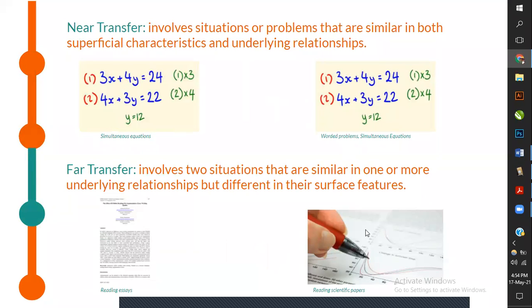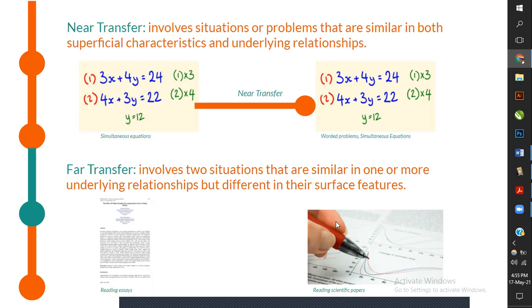Near transfer involves situations or problems that are similar in both superficial characteristics and underlying relationships. For example, when solving simultaneous equations, you can transfer that knowledge into worded problems of simultaneous equations.